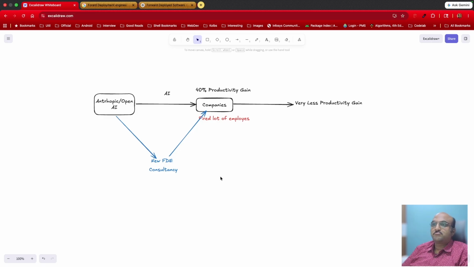The only difference is now they will be coming from these AI companies, Anthropic or OpenAI, and they will be going to these enterprise companies to help deploy the Anthropic or OpenAI LLMs into the companies. So basically, these FDEs will be very well conversant with Anthropic or OpenAI related tooling capability.